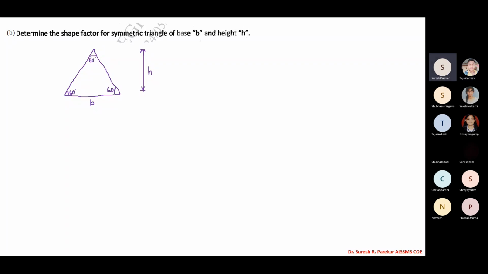So I have all the sides. We have to find the answer in terms of B. Then what will be the value of H? It is root 3 by 2 B.